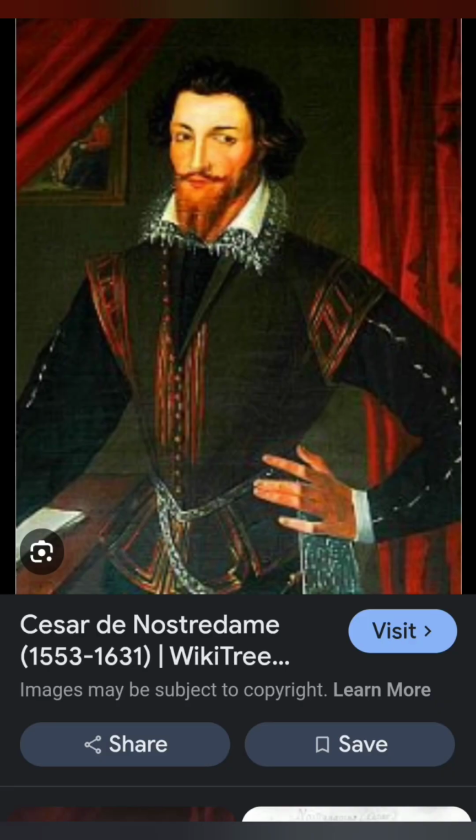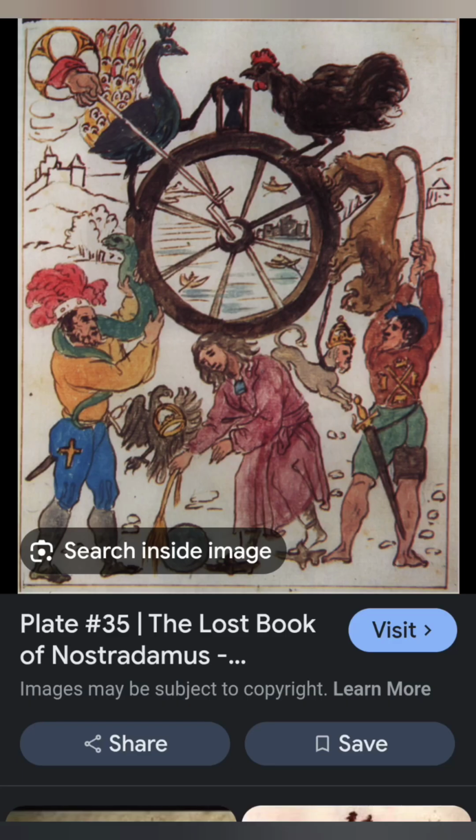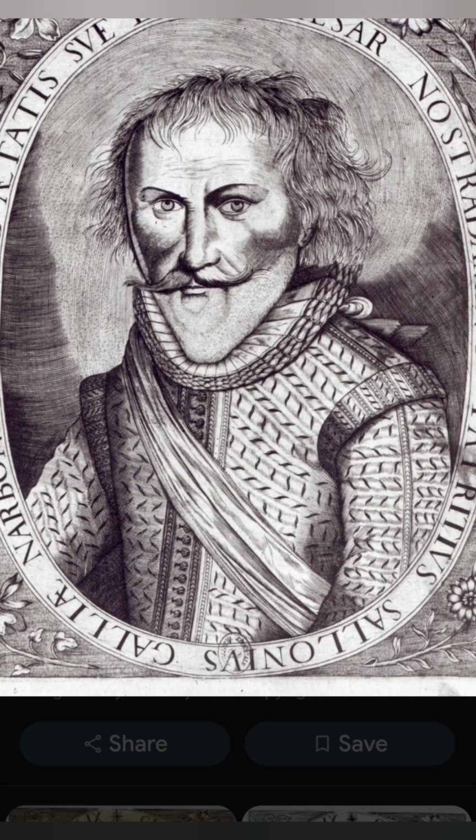Caesar, on the other hand, seems to have created work that would be socially acceptable: Christian symbolism and fear-based prophecy, reflecting influence from the church and possibly a need for social acceptance.